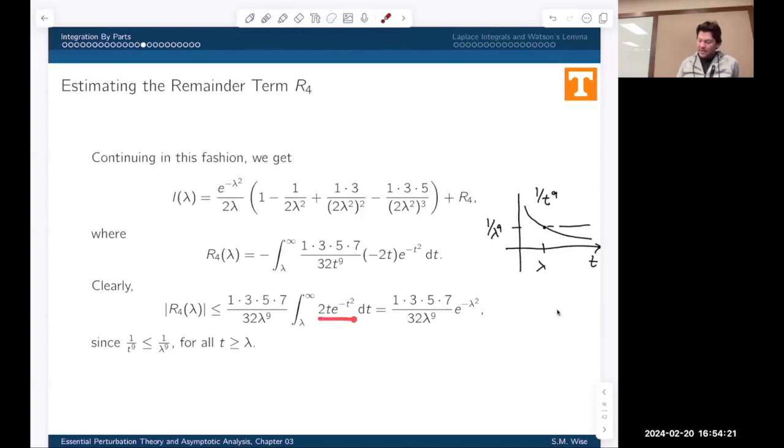But in any case, when I integrate this, this is just going to be e to the minus t squared, evaluated with a minus sign, evaluated at infinity and lambda. The first evaluation is going to give 0 and the second evaluation is going to bring a minus sign, which gives me my minus minus, which gives a plus. And so that's why I get this term.